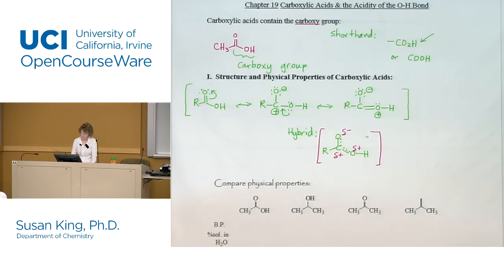And so what we say is that this has double bond character. Here's our double bond here. Here's our double bond here. So we have double bond character. And so what does that mean? That means that bond is shorter than a normal single bond, but longer than a normal double bond.